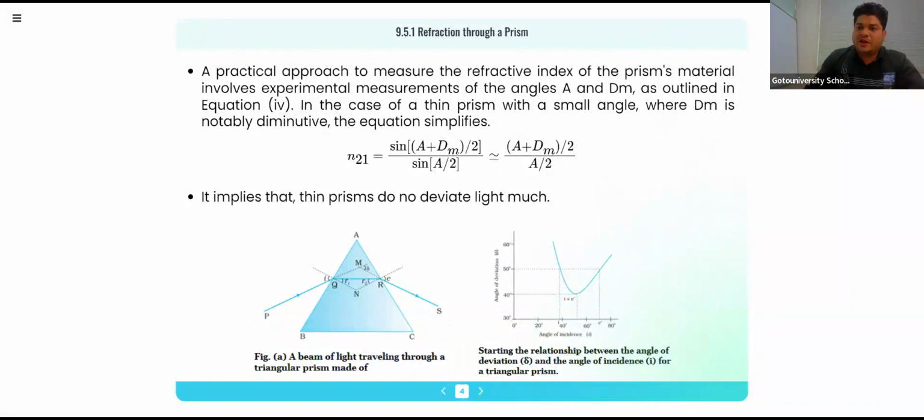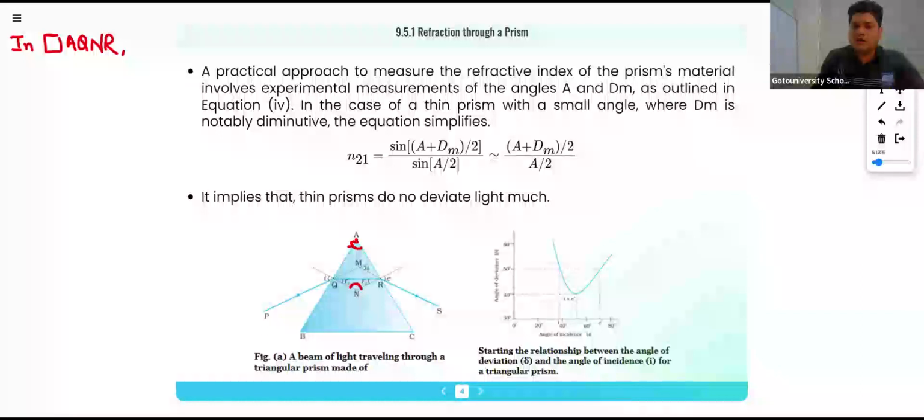See, in triangle QNR, just focus on what I am saying. Not triangle, it's a quadrilateral. In quadrilateral AQNR, see, we have a property that the opposite angles of a quadrilateral sum to 180 degrees.